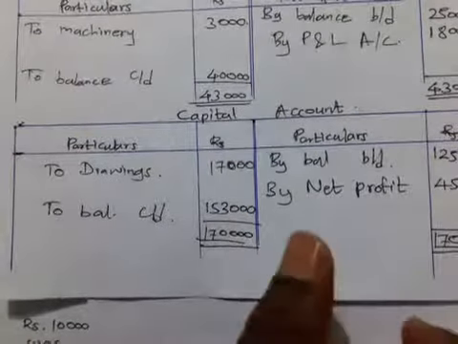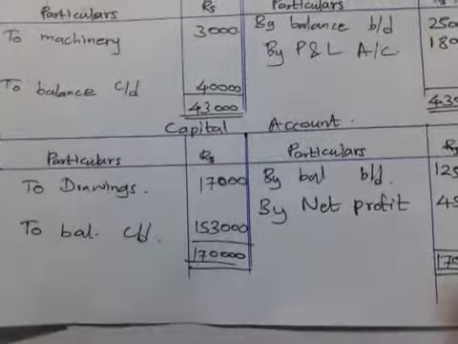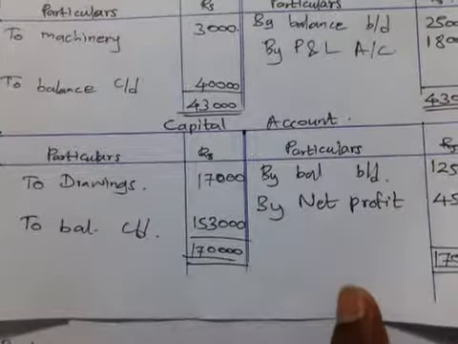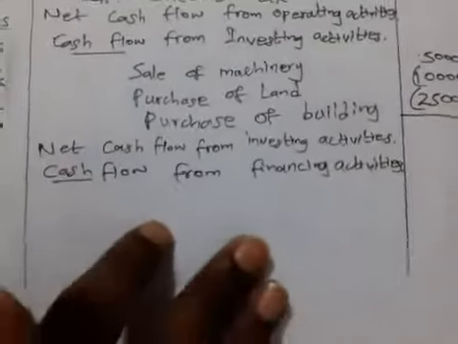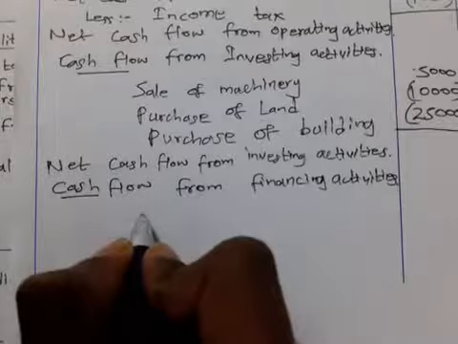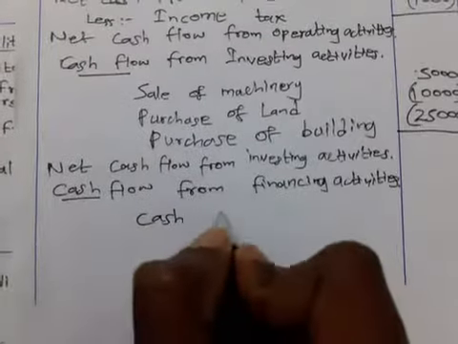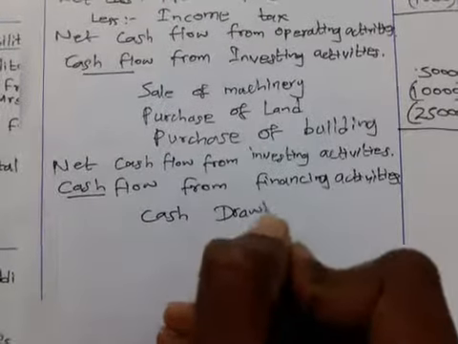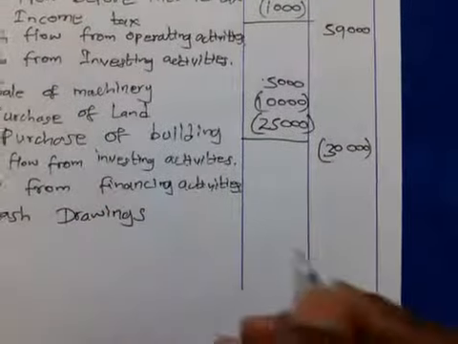So cash is going out, it's taken by the owner. So we have to deduct that amount, cash drawings, $17,000.